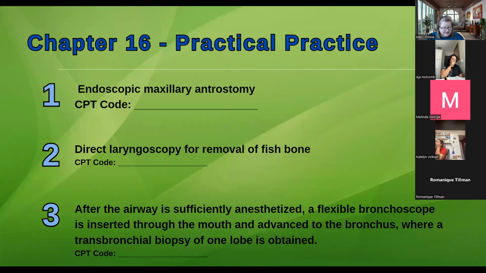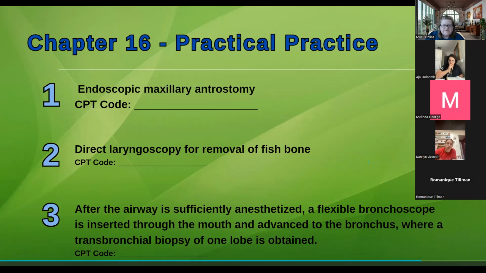So you would just go through and see what fits. And like Asia said, if you look at 31530, laryngoscopy, direct, operative with foreign body removal. Simple enough once you get there. But getting there on that one might have been a little bit difficult or confusing. But good job. All right, so let's look at number 3.